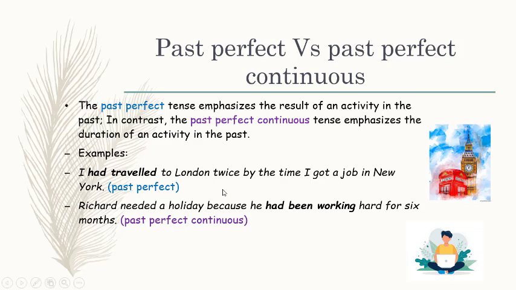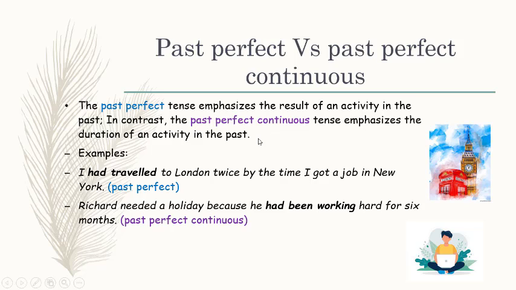I'm not focusing on the activity, but I'm focusing on the result. Also, I didn't use any specific duration, like for 2 hours, for 3 weeks. Think about it. Is twice a duration of time? No. Is by the time a duration of time? No. So I will not use past perfect continuous.